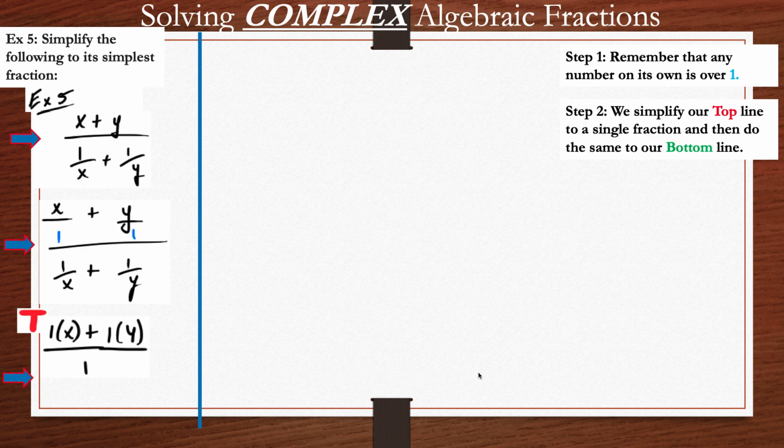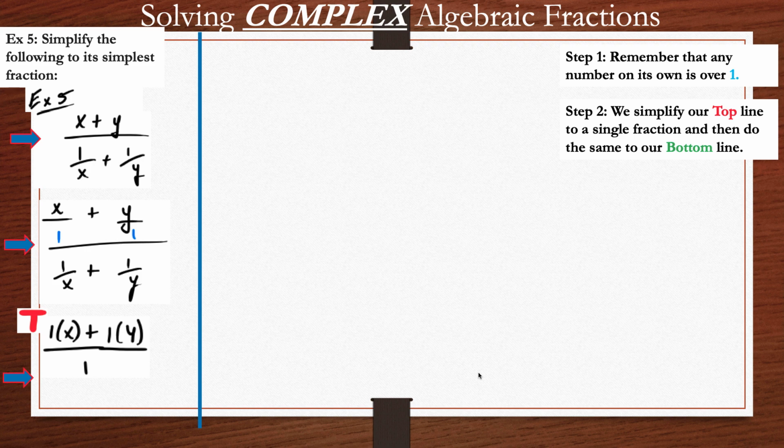Exactly. So the top is done, we're now focused on the bottom. How are we going to change the bottom into a single fraction? What did we do last time? Common denominator. What's the common denominator? Just xy, good stuff.